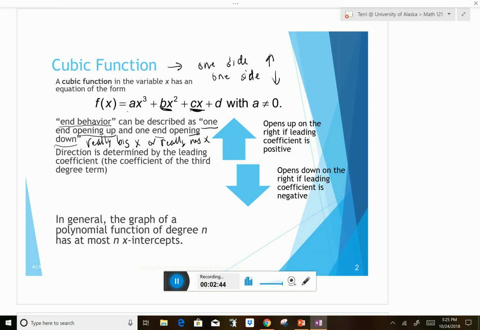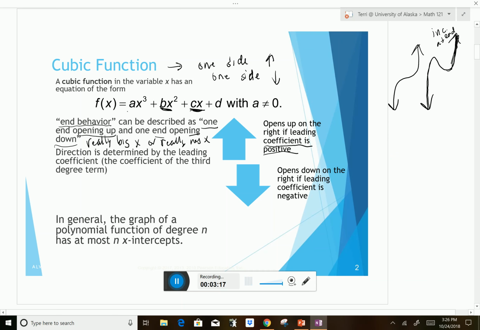And what's happening is, if the leading coefficient is positive, it opens up on the right. So that means it looks like this, like x cubed, or it can look like this. So this is going up on the right side. You'll notice the function is increasing at the end.